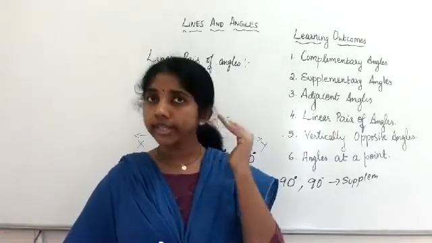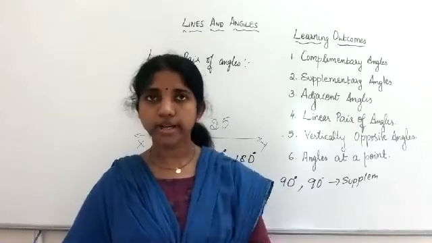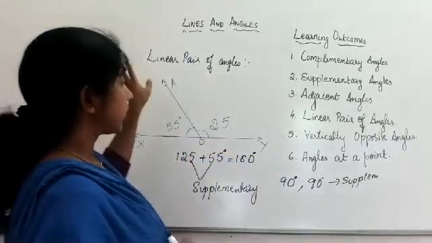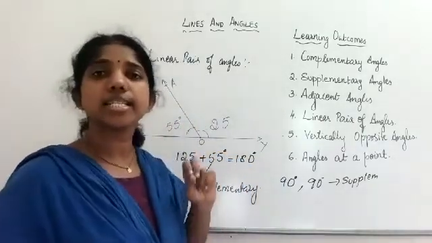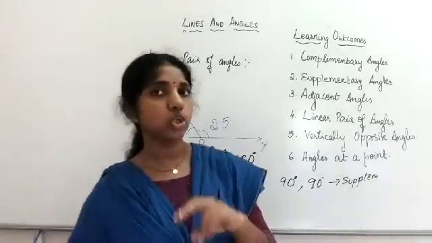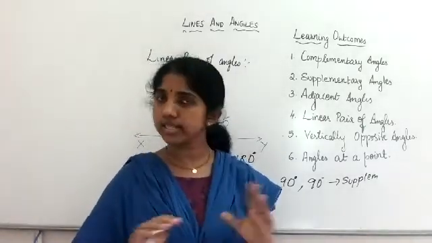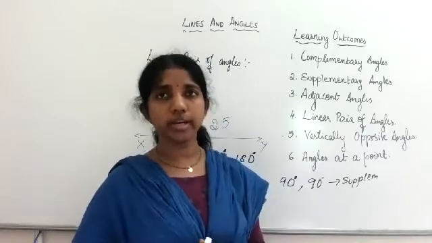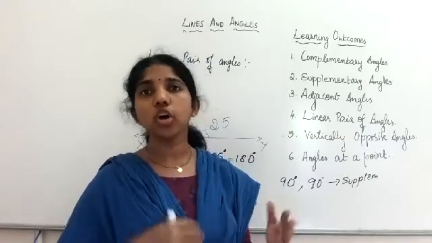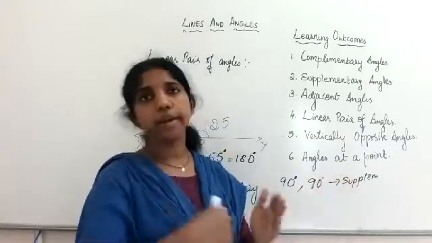Why? In the definition of linear pair of angles, we have that two adjacent angles are said to be supplementary. The two angles should be adjacent to each other. Otherwise, we cannot talk about linear pair of angles. Clear? So don't confuse the linear pair and adjacent.